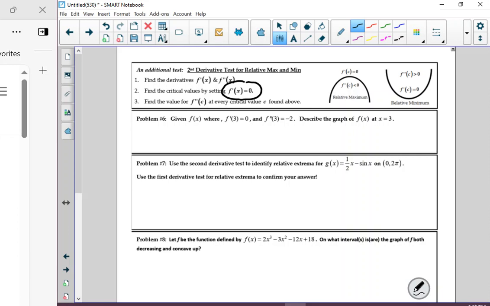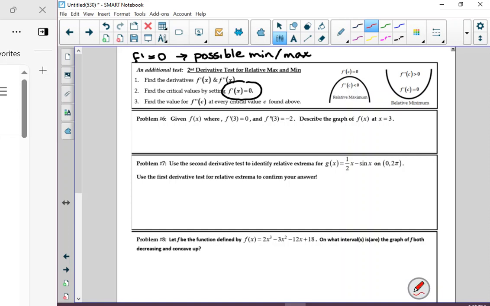And if you know the concavity around a critical value, you'll know whether that critical value is a min or a max. If you've got a critical value for the first derivative, which means you have a high point or a low point on the graph of f where f prime equals 0, it's a possible min or max.